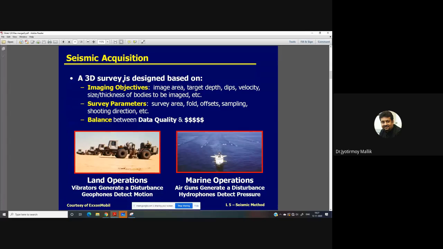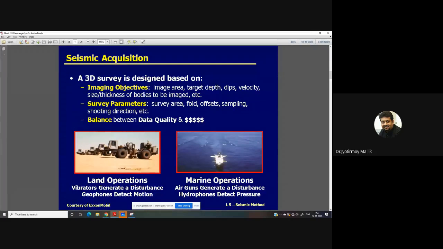So these are the few things on which a 3D survey done for a seismic campaign is based. Now, this is what happens in land operations, and you can see the operations where seismic surveys are done are huge and extremely expensive. Companies after companies have been built upon doing seismic surveys.